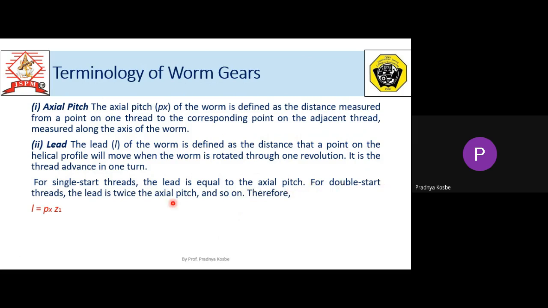For a double start thread, the lead is twice the axial pitch, and so on. So according to n number of starts, L will be equal to px into n. Here the formula is given, L is equal to px into z1, where px is the axial pitch for a worm and z1 represents number of starts on a worm.